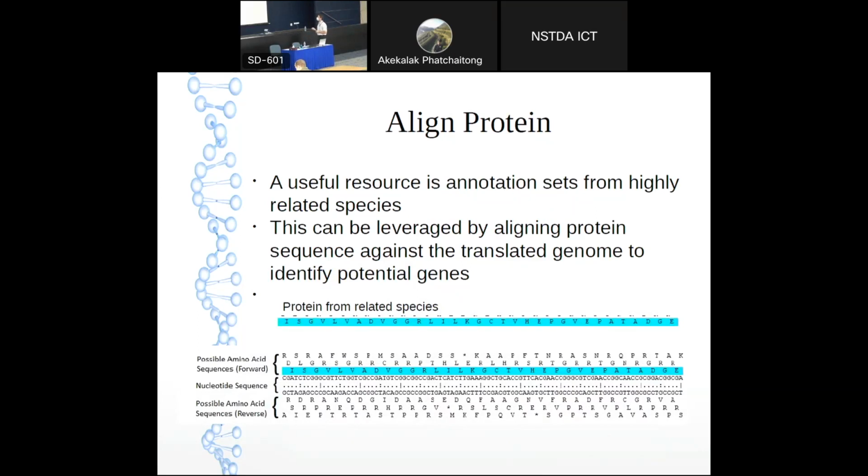So here we have our assembled genome sequence, and each of the possible reading frames for the plus strand, each of the possible reading frames for the negative strand, and then the protein sequence of related species is just compared to each of these to look for overlaps.